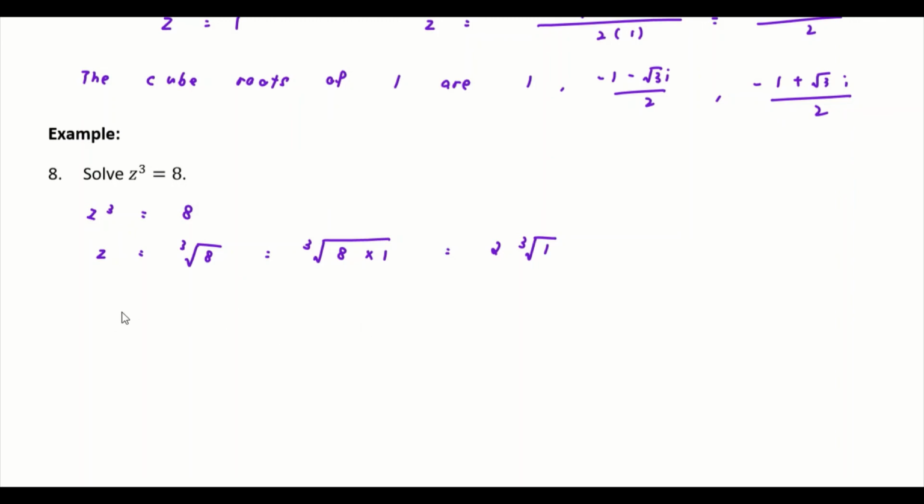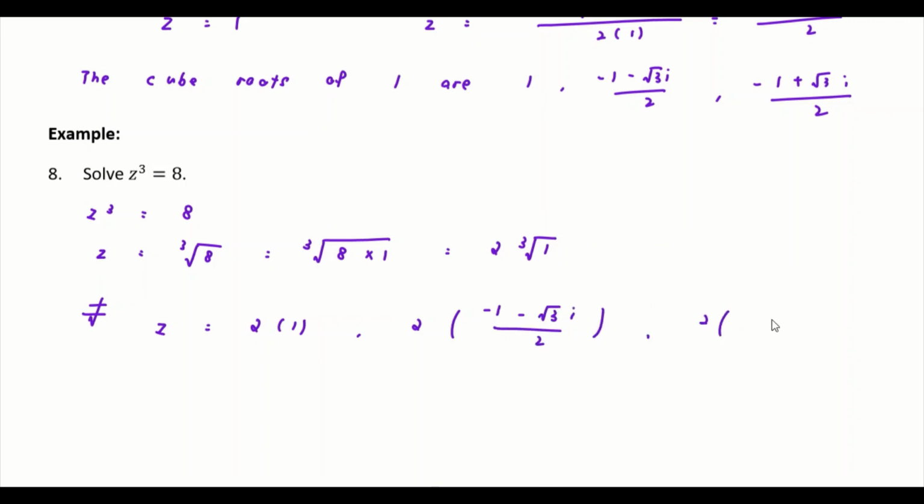Since it's already given here, z will be equal to 2 times the cube root of 1. One of them is 1, so 2 times 1. Then after that, 2 times my second answer, because this is the cube root of 1, right? I'm just going to substitute what I got for the result just now.